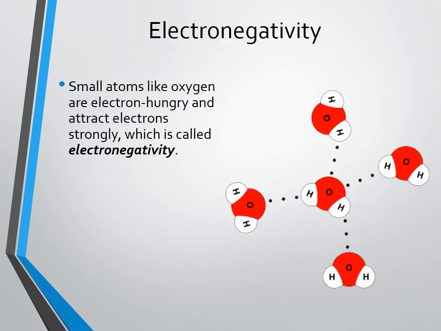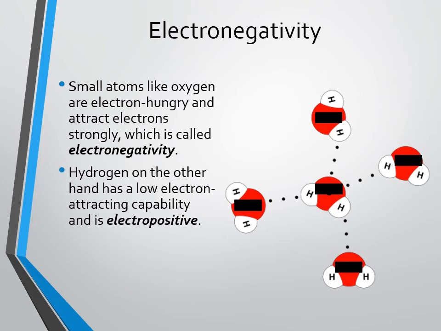Small atoms like oxygen are electron hungry and attract electrons strongly, which is called electronegativity. Hydrogen, on the other hand, has a low electron attracting capability, and it is electropositive.